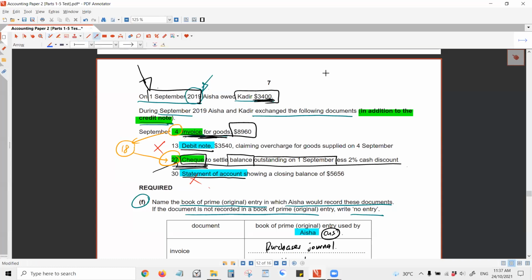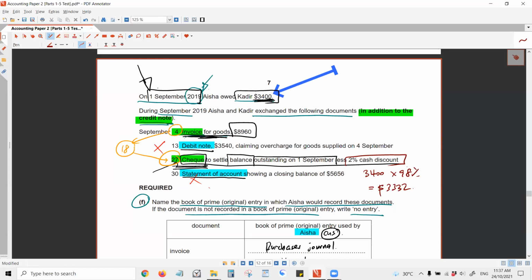It is here, 3400. How much do you pay? 3400 times 98%, because it says less 2% cash discount. That is 3332.